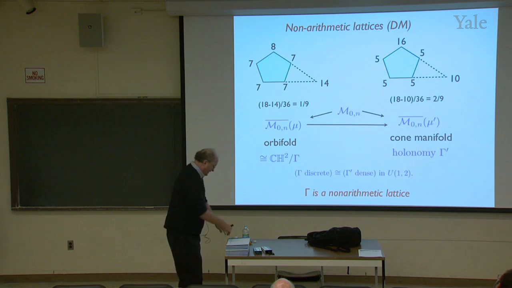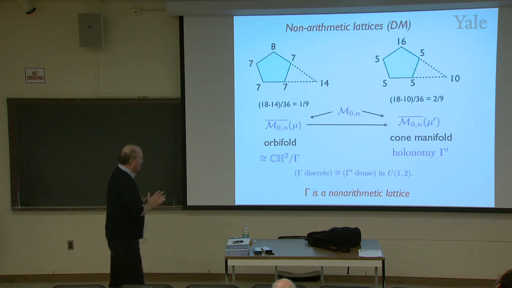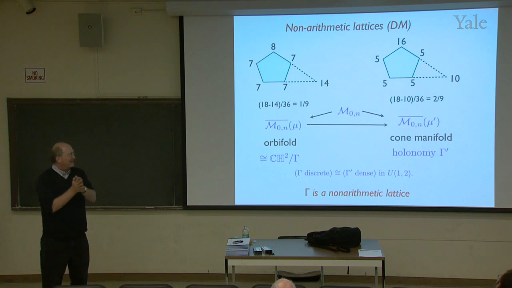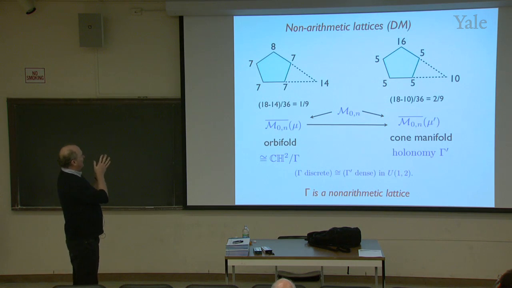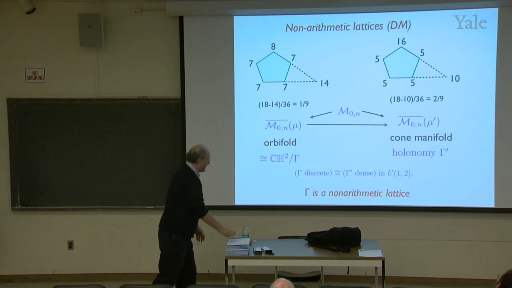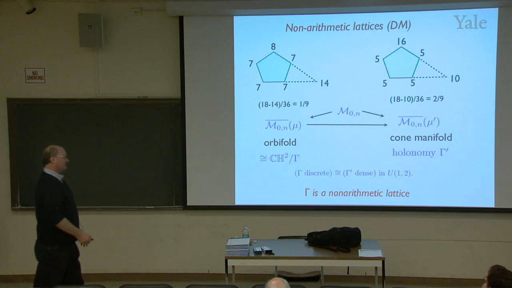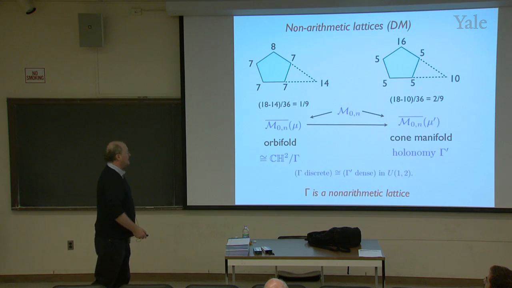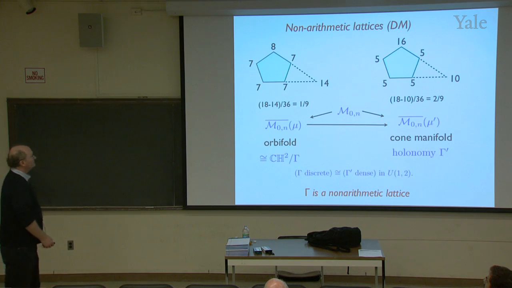And coming back to Mostow rigidity, one of the main remaining open questions is, to what extent do we have the rigidity, superrigidity of Margulis in the setting of complex hyperbolic geometry? And the existence of these non-arithmetic lattices violates the arithmeticity that one sees in higher rank due to Margulis.